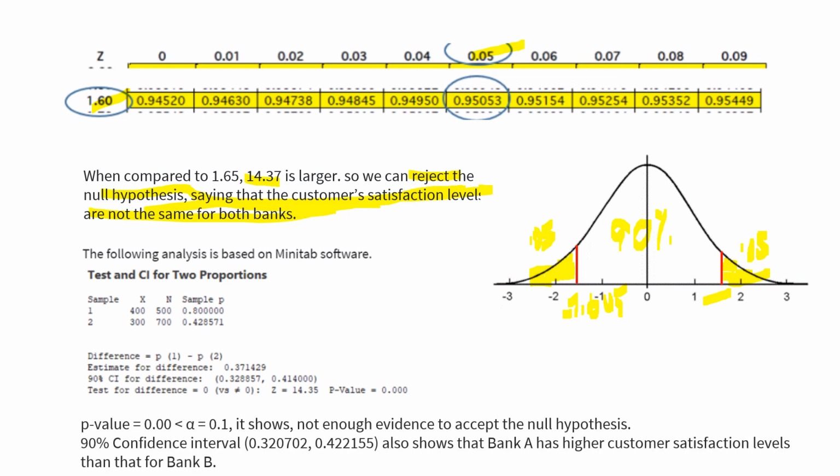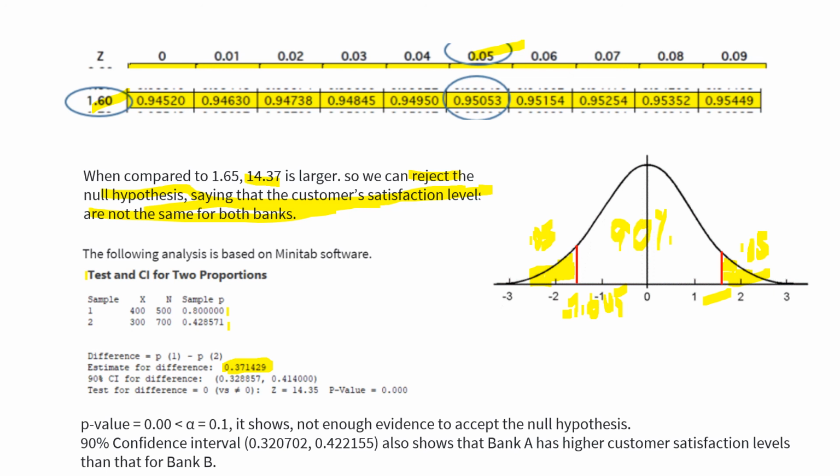The same thing, when we give the input in the Minitab software, we get the following outcome. Here we have the sample proportions, the P1 and the P2 that we have got. Interesting is the estimation of difference, which is simply the difference between these two.